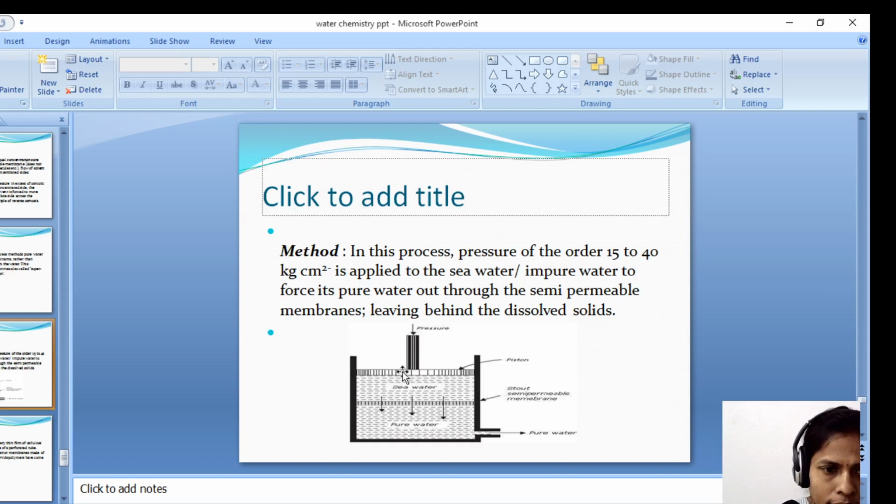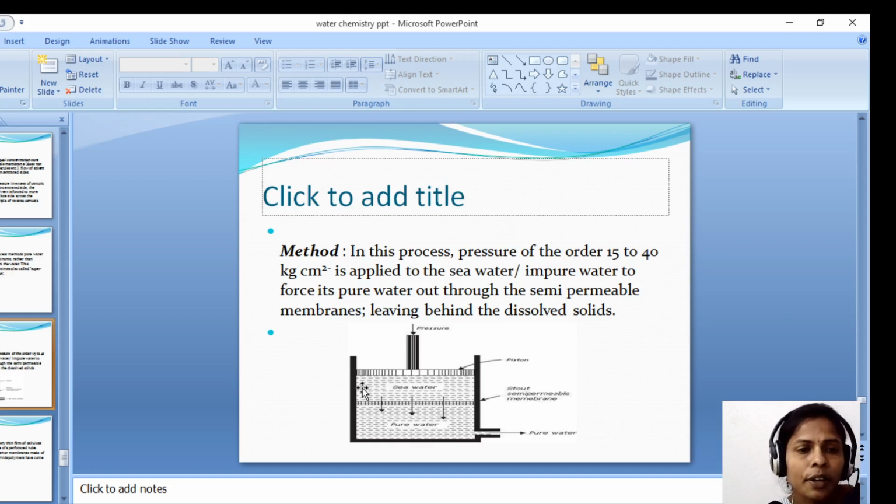But what is seawater? Seawater is the mixture of impurities and the pure water. Here impurities are the contaminants, and pure water is the solvent while the impurities are the solute. So when we apply this pressure, only the impurities are settled at the top of the semi-permeable membrane and the pure water is transferred from the high concentrated solution to low concentrated solution.